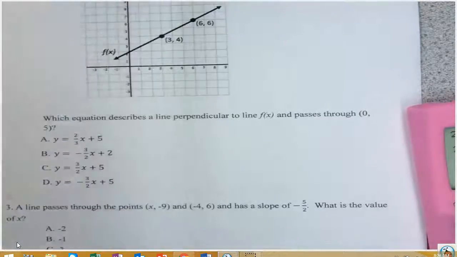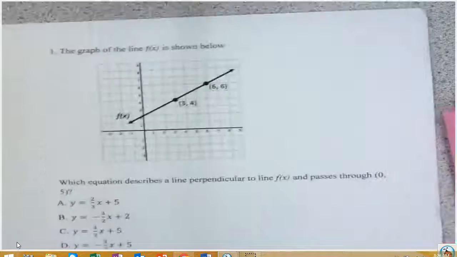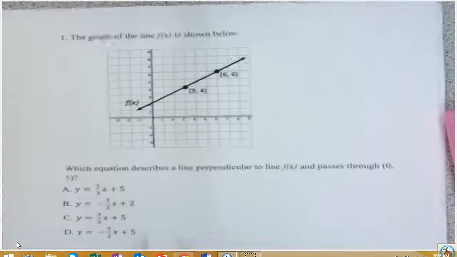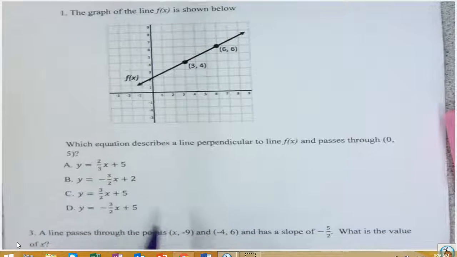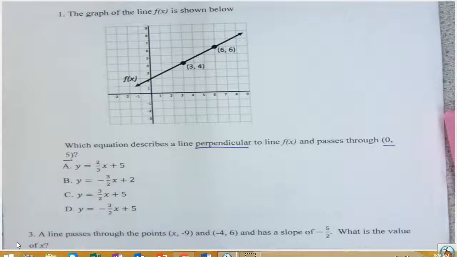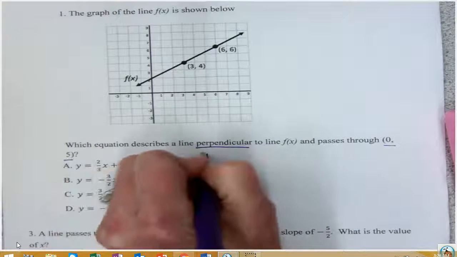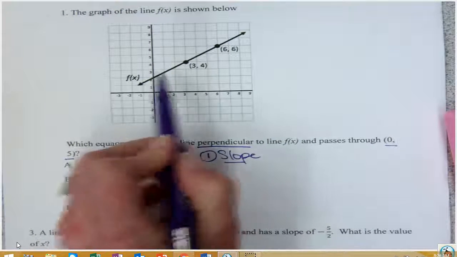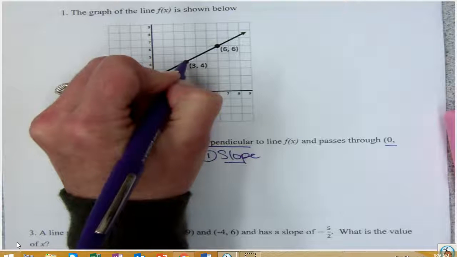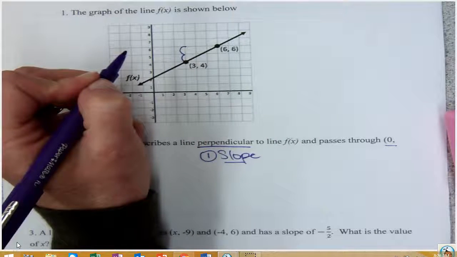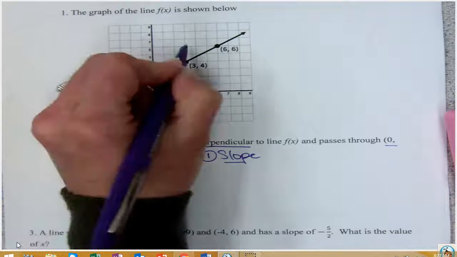All right. Let's move on. The graph of this line is shown below. So here we've got the graph. What equation describes the line perpendicular that passes through 0, 5? So first we need to find the slope of this line. The slope of this line is going to be your rise over your run.